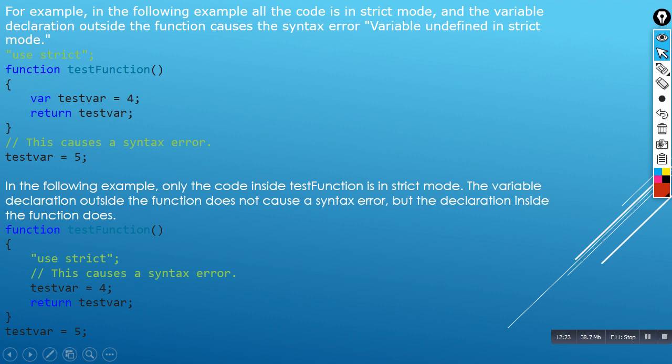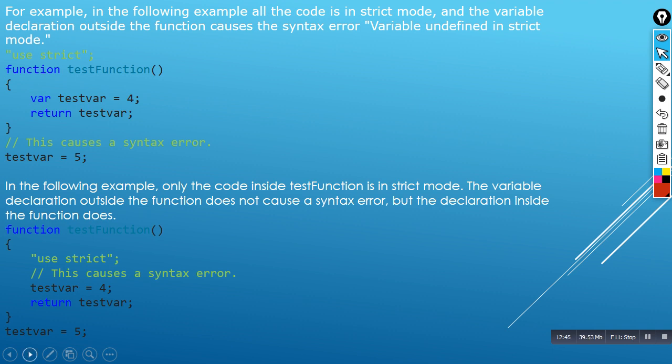But if you define it outside, then it is fine with JavaScript, because you haven't used the use strict keyword outside the function, and this invalid declaration is just outside the scope of use strict. So this is all about the use strict keyword.